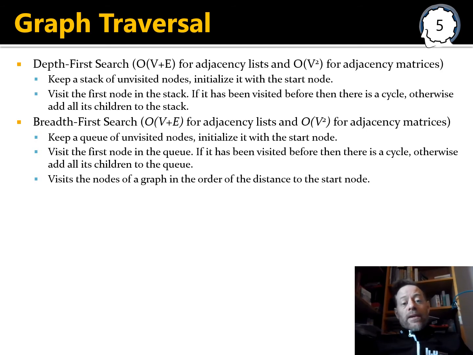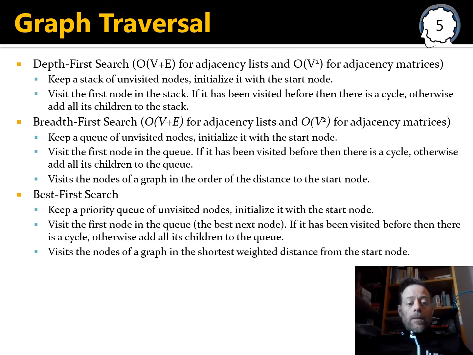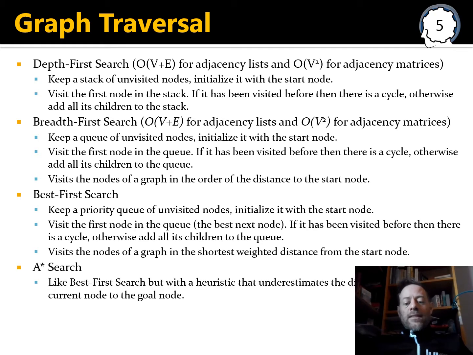And this can be very useful, for example, to find the shortest path out of a unicost maze. Then we have best first search. So here again, it's exactly the same as the two previous. The difference is that we will use a priority queue of nodes.